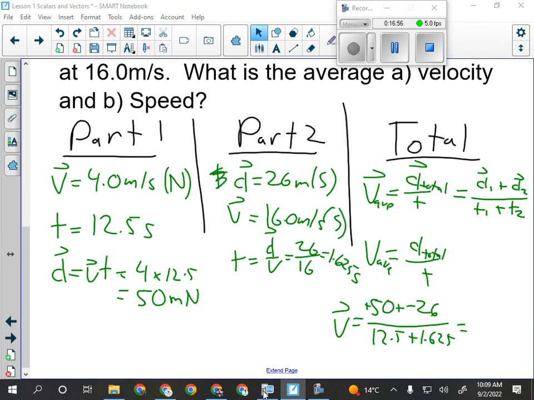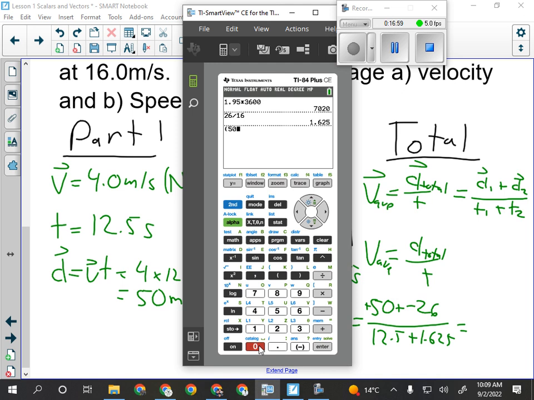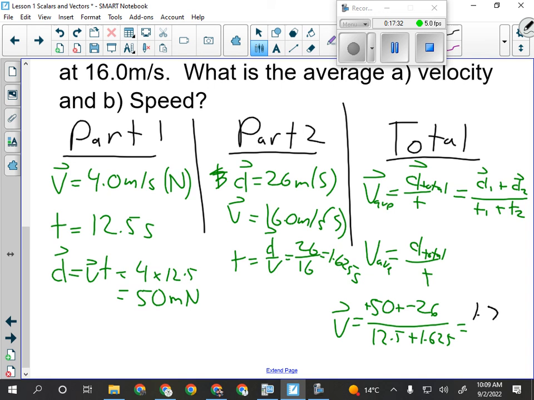So 50 minus 26, divided by 12.5 plus 1.625. Okay, so I'm getting an average velocity here of 1.7 meters per second. It doesn't have a negative, so that would imply that it is north. All right, so my average velocity then comes out to 1.7 meters per second north.